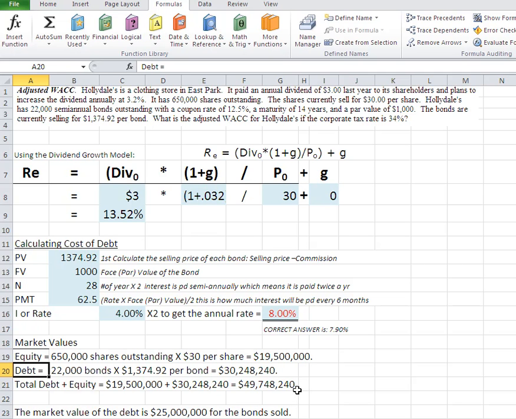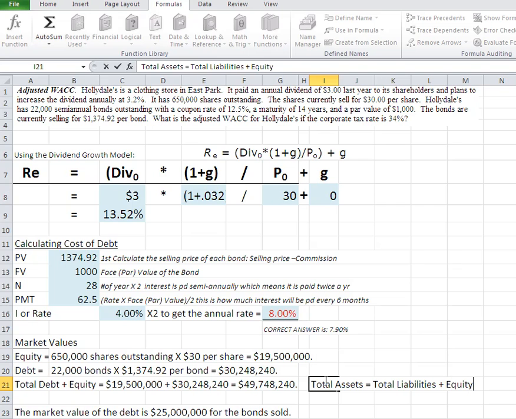If you remember back to the first couple of chapters when we talked about financial statements, we know total assets, let me just type that in, equals total liabilities plus equity.